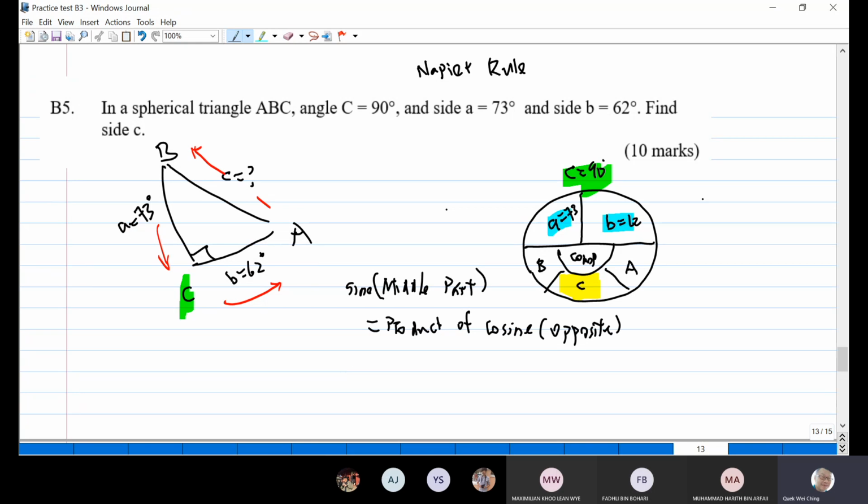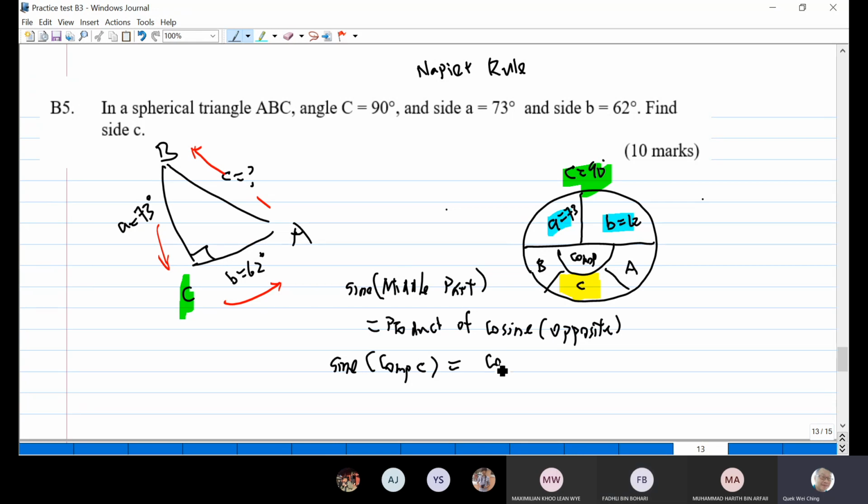So sine of the complement of C is equal to the product of cosine opposite.